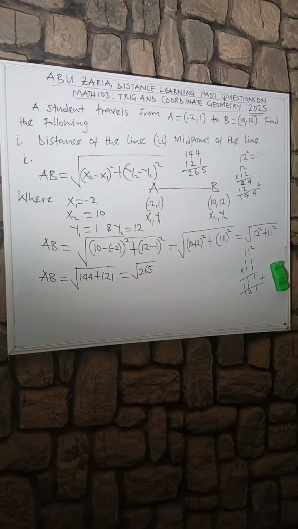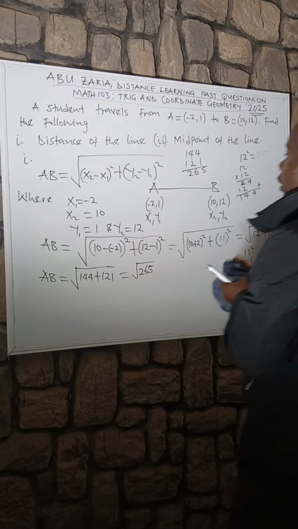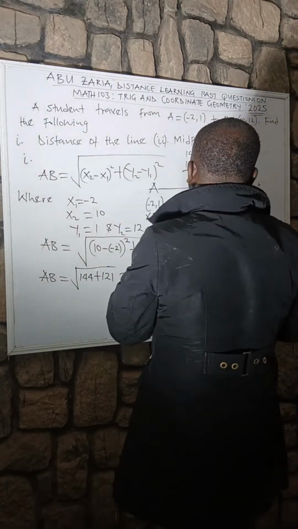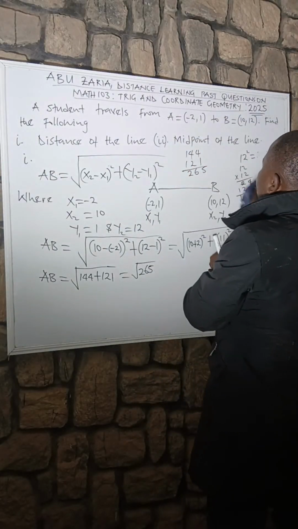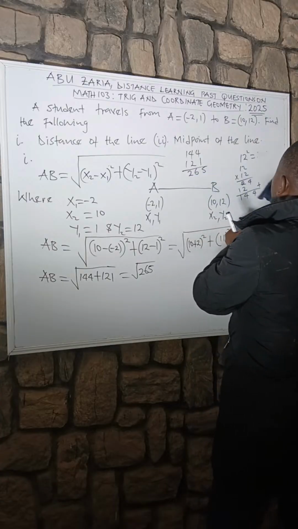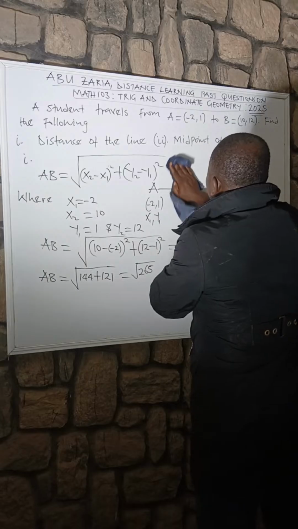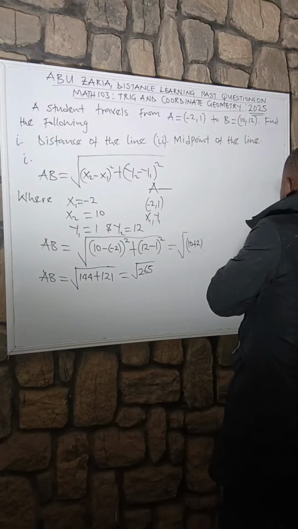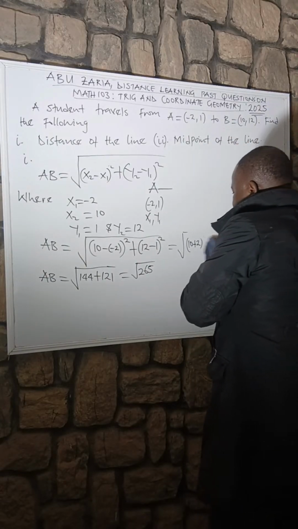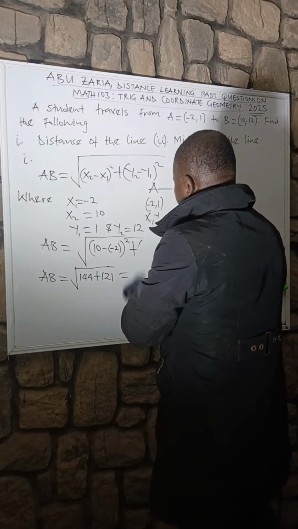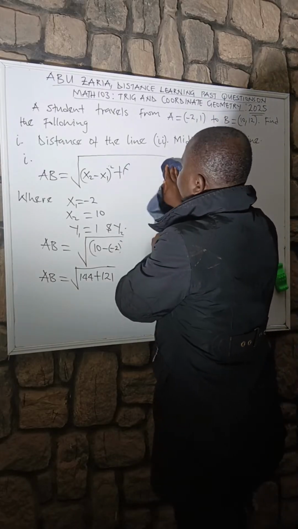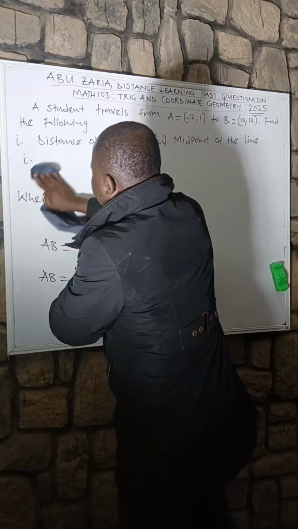So let's proceed further. I think we're able to tackle I. Let's consider I, the midpoint of the line. You should get the square root of 265.